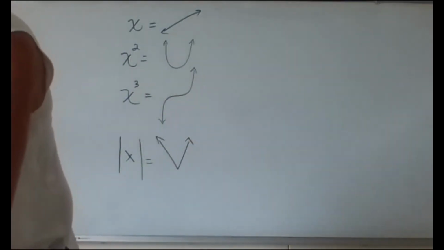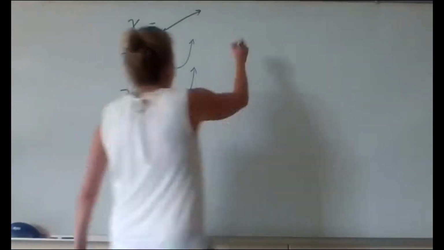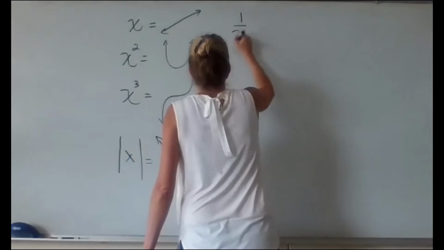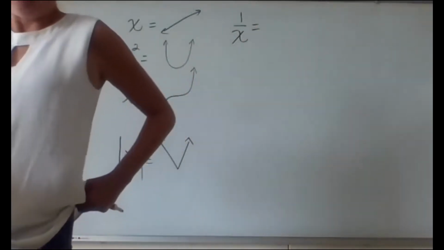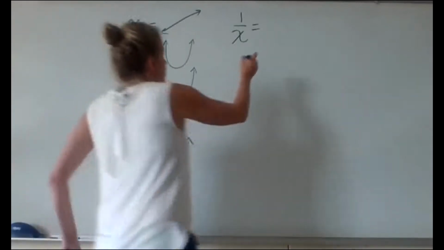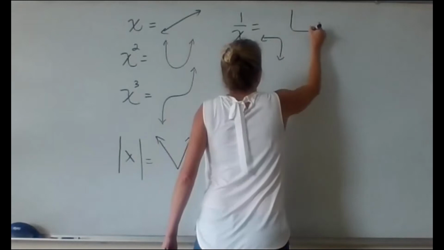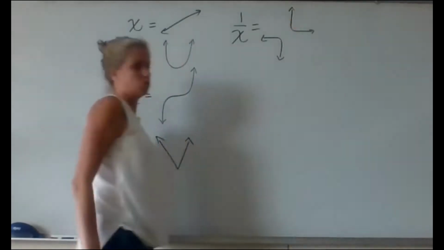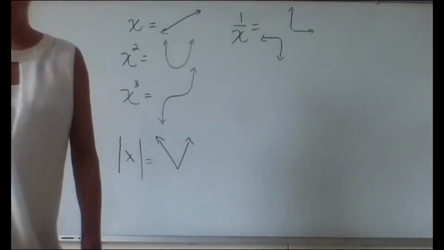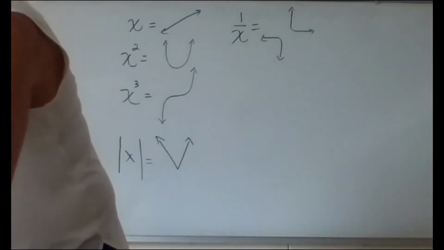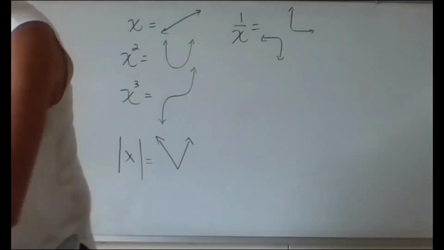Let's see what else we're going to have. Oh, we have a rational graph. What if you have 1 over X? This graph will look like that. And there's 2 more that you're going to see in this section.